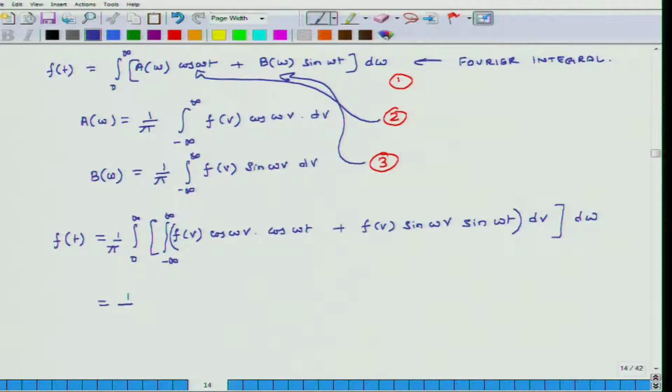So this is equal to 1 over pi, integral from 0 to infinity, integral from minus infinity to infinity.